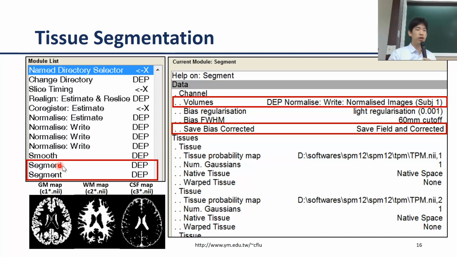So for the first segment process, we will select the normalized imaging. We use the very first one as the input right here, because the first one is the spatial normalization for the anatomical image. So we will use this one.